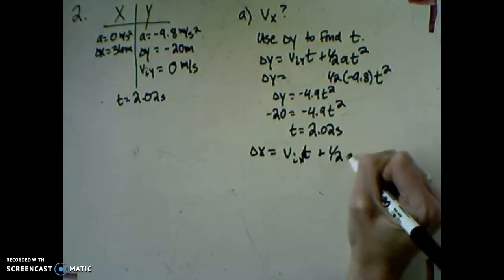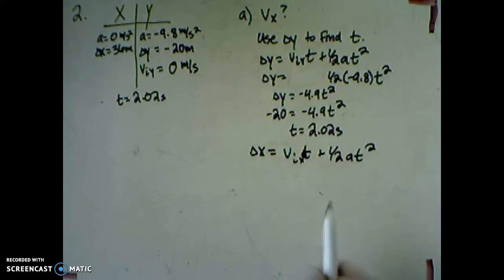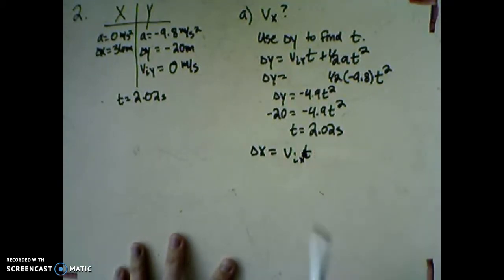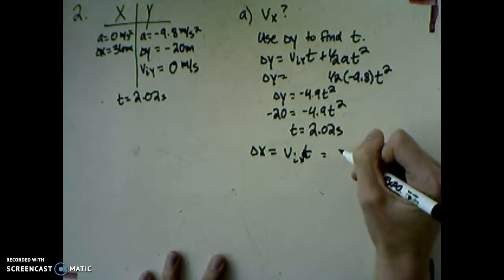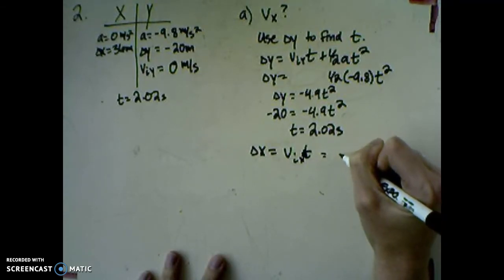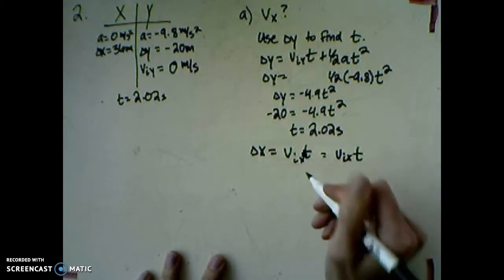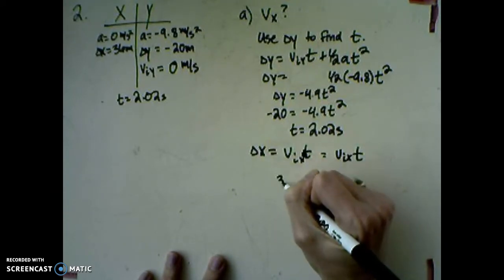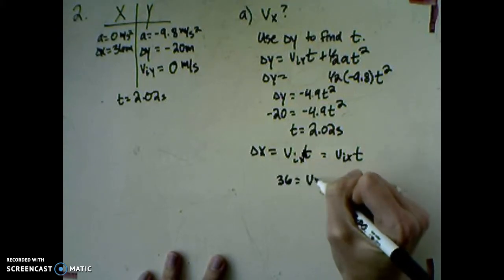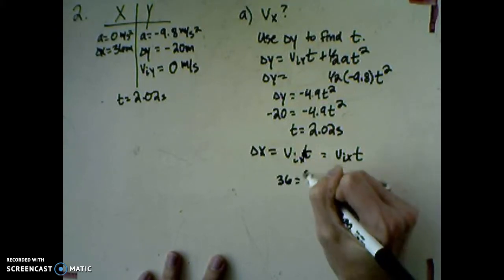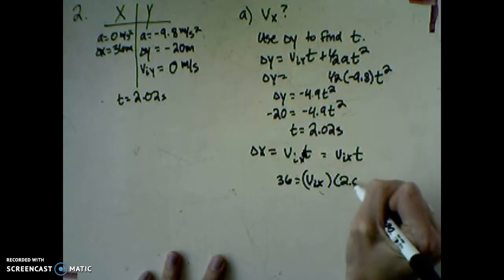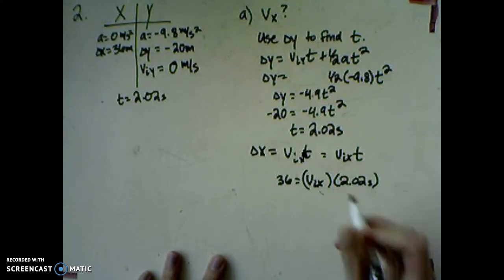plus 1/2 a t squared. I know in the x direction that a is 0, so I only have to worry about my velocity, which I don't know, and my time. Well, I do know delta x. So delta x is 36 equals my velocity, which I don't know, times 2.02 seconds.